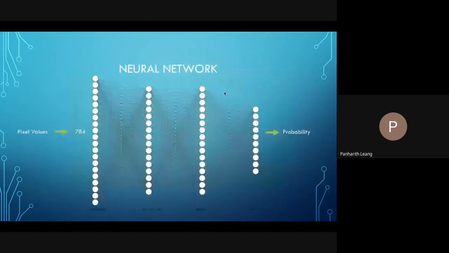So imagine if we can write a program that takes in the pixel values. So imagine if we have a structure like this. The first layer takes in the pixel values of an image, and then it processes it, and then it gives us back the probability of what it thinks that picture represents, by what number.